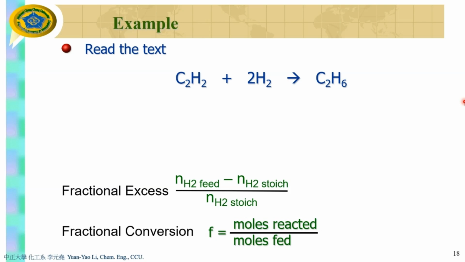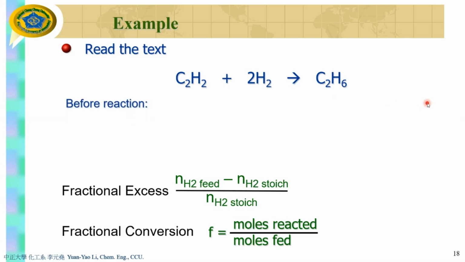I don't want to read the text with you together. Here I just want to tell you that this is the chemical reaction: C2H2 plus 2H2 becomes C2H6. Obviously, hydrogen will be added onto the C2H2, ethylene, right?